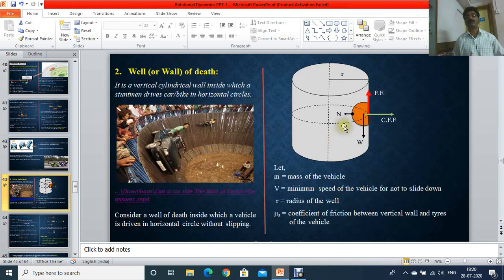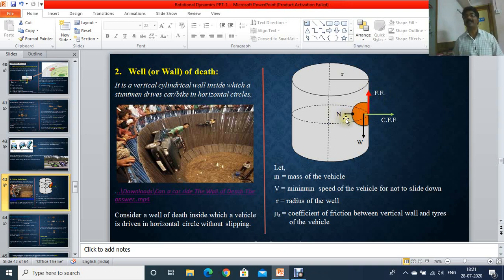Yes, I want to show this slide for you. I have just come back to the first slide. The forces acting on that vehicle: first is the weight of that vehicle. Next one, the frictional force. Third one is the normal reaction.